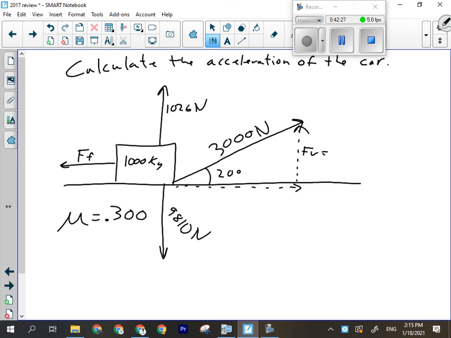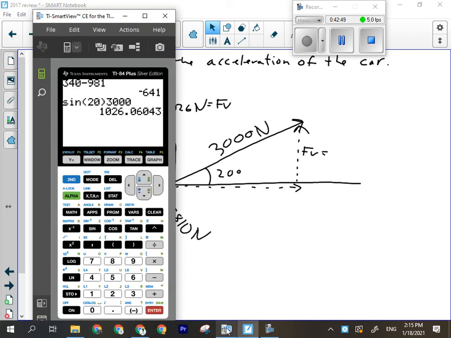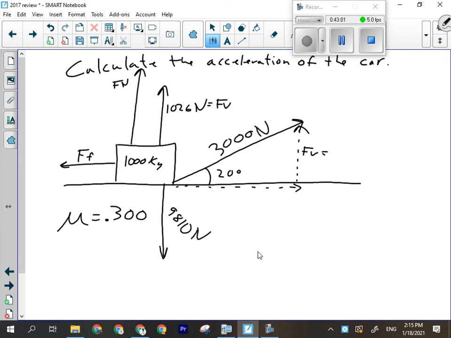I'll keep all the decimals when I do the calculation later. So that equals my force vertical. Then I'm going to have a normal force that's obviously a lot greater than that, but because I did such a crappy job with scale, it doesn't look that way. How do I get this normal force? Well, I have to subtract how much weight is being supported by the truck from the actual weight of the car. So I'm going to do that next: 9,810 minus my answer from the last one gives me a normal force of 8,783.9 newtons.